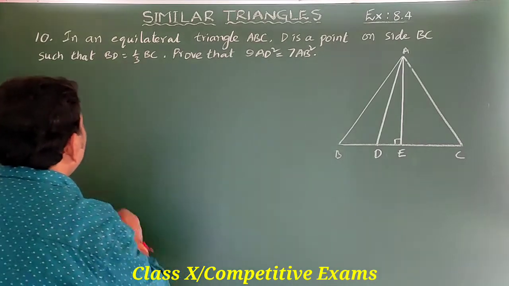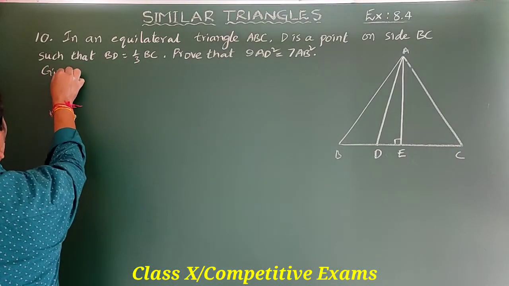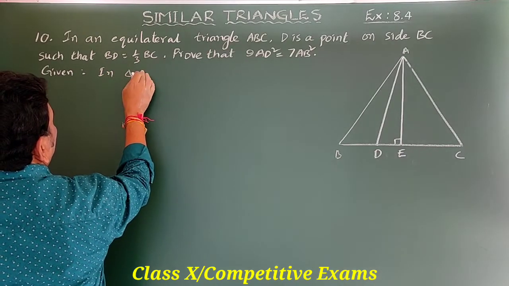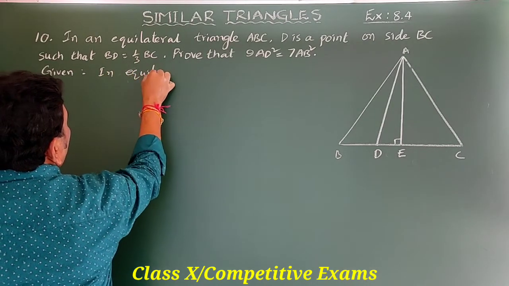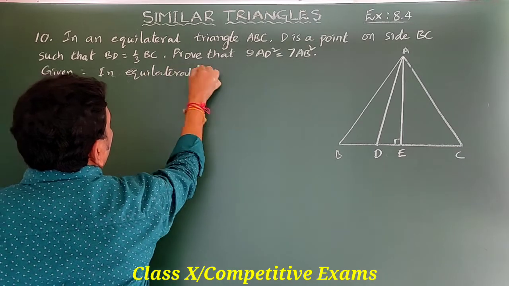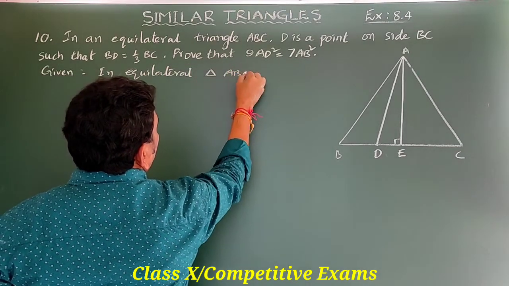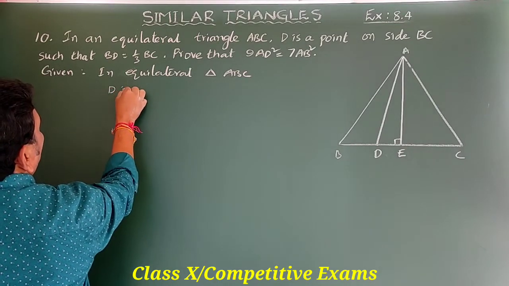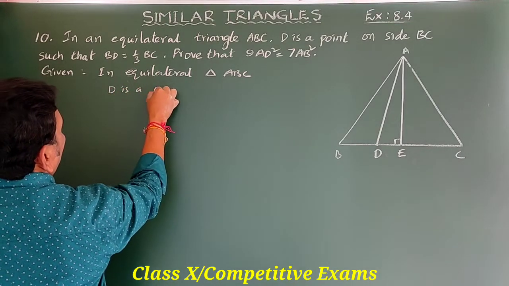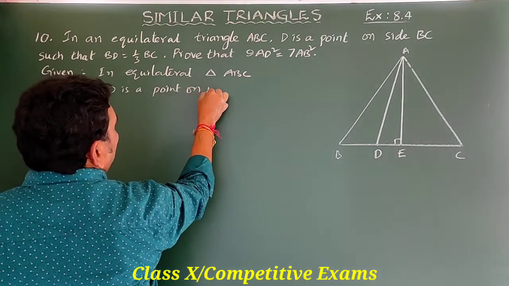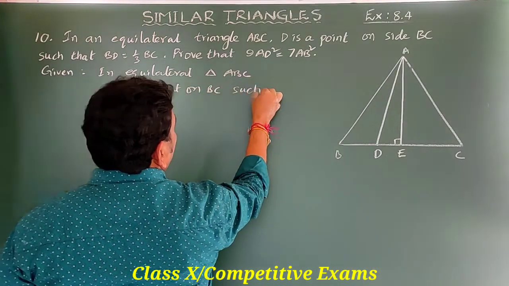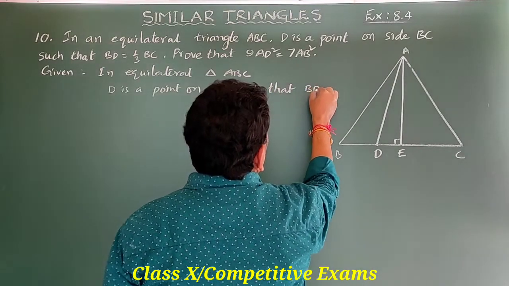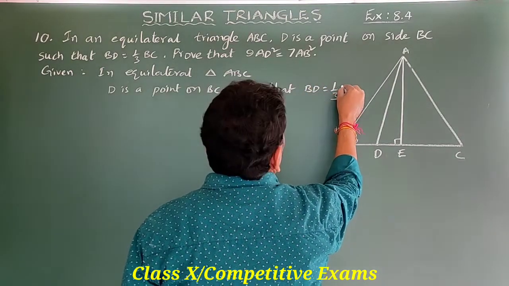First, given: in equilateral triangle ABC, D is a point on BC such that BD is equal to 1 by 3 BC.